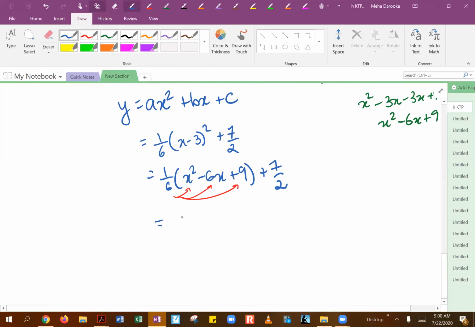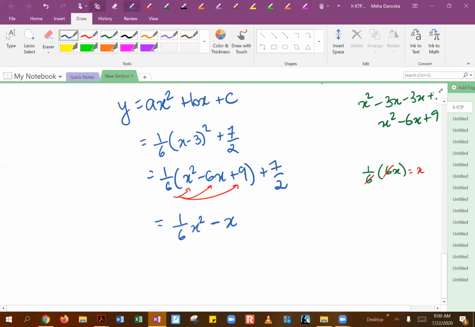So you would end up with 1/6 x squared. The 1/6 multiplied by negative 6x, those sixes would cancel out, leaving us behind with minus x. So again, just to show you, when you multiply that 1/6 with 6x, the 6 in the denominator and the 6 on top would cancel out, basically leaving you behind with x, and then of course keeping that negative sign.